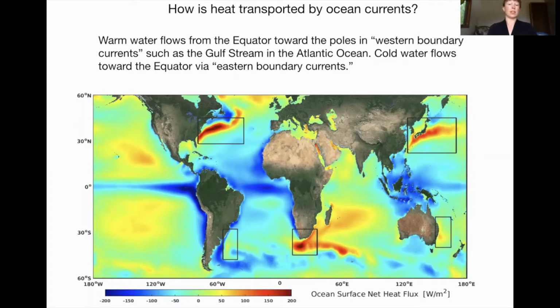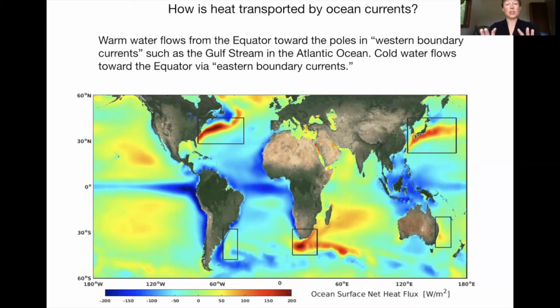And conversely, cold water from the cold polar regions is also flowing back toward the equator, as eastern boundary currents, which are cold, okay? So you can see those blue currents, which are maybe a little bit less obvious. They tend to be kind of wider and they don't flow quite as fast as the western boundary currents.